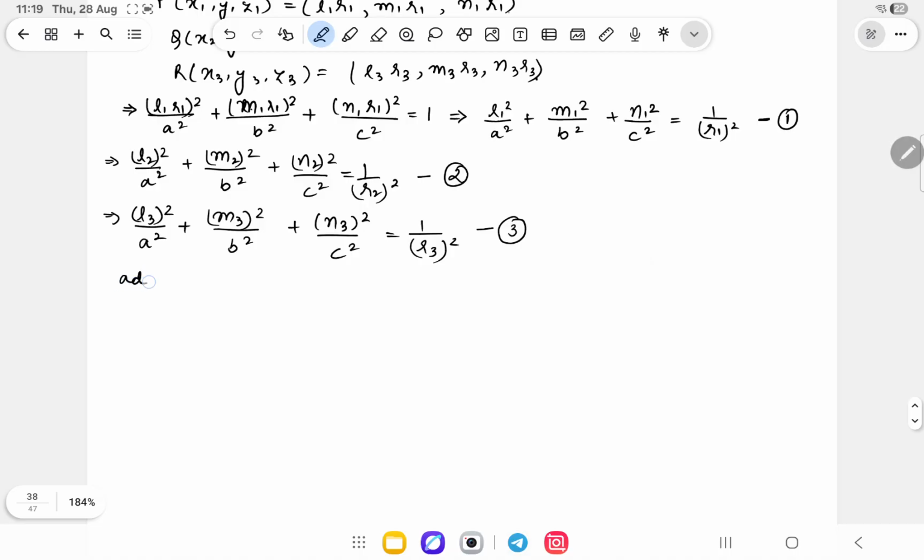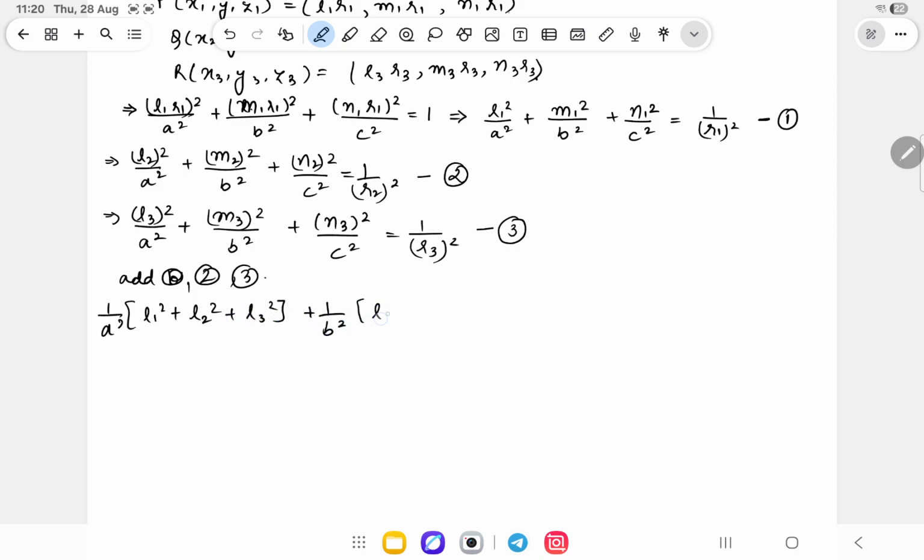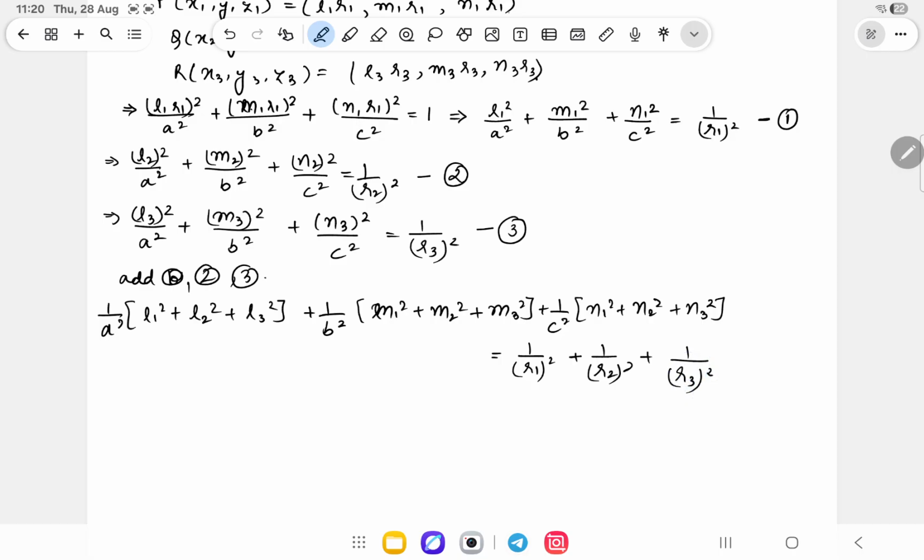If I add 1, 2 and 3, I'll get basically 1 by A square into (L1 square plus L2 square plus L3 square) plus 1 by B square into (M1 square plus M2 square plus M3 square) plus 1 by C square into (N1 square plus N2 square plus N3 square) is equals to 1 by R1 square plus 1 by R2 square plus 1 by R3 square.